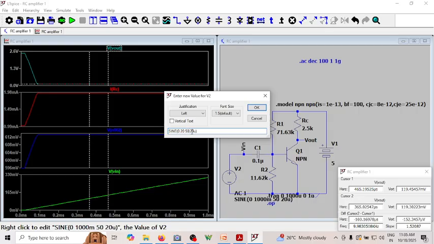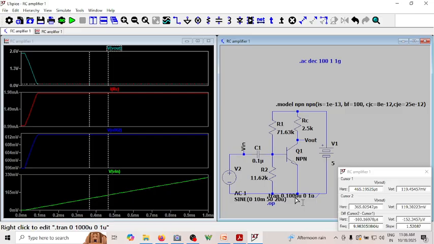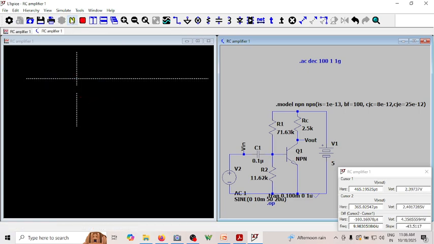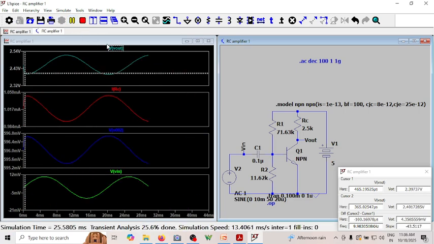Sorry, this is 50 hertz, and the amplitude is 10 milli. I have to change the timing here. Let me change the time to a few milliseconds, say 100 milli, and run. See, now I'm getting the output.